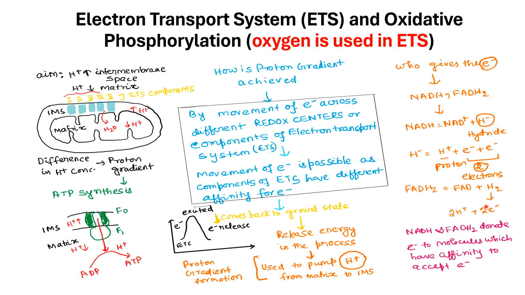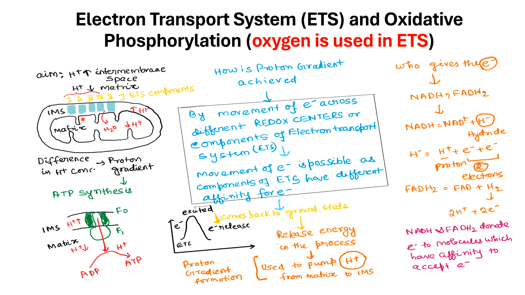Okay. Now, next question is, why do the components of the ETC accept the electrons? It is because the components of the electron transport chain have different redox potential, and they have a tendency, or an affinity, towards accepting electrons.